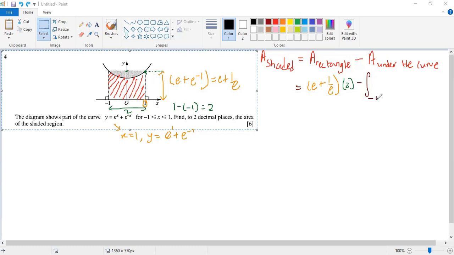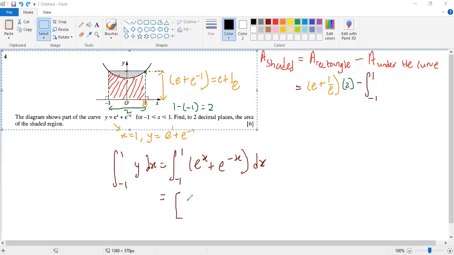The integration from -1 to 1 is the area under the curve of the given function, so the given function is y dx. I'm just going to write it straight away like this, doing some parts so it's easier for you to follow. Just too lazy to copy the whole line. Then, e to the power x, when you integrate, becomes e to the power x.